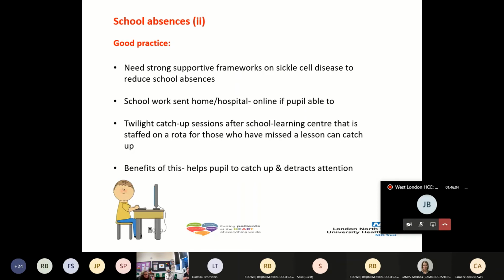Some schools have also offered twilight catch-up sessions for children that have missed several lessons. The whole purpose would be to ensure that the child reaches their potential, helps them to catch up, and detracts from any attention on them being absent. Next slide, please.